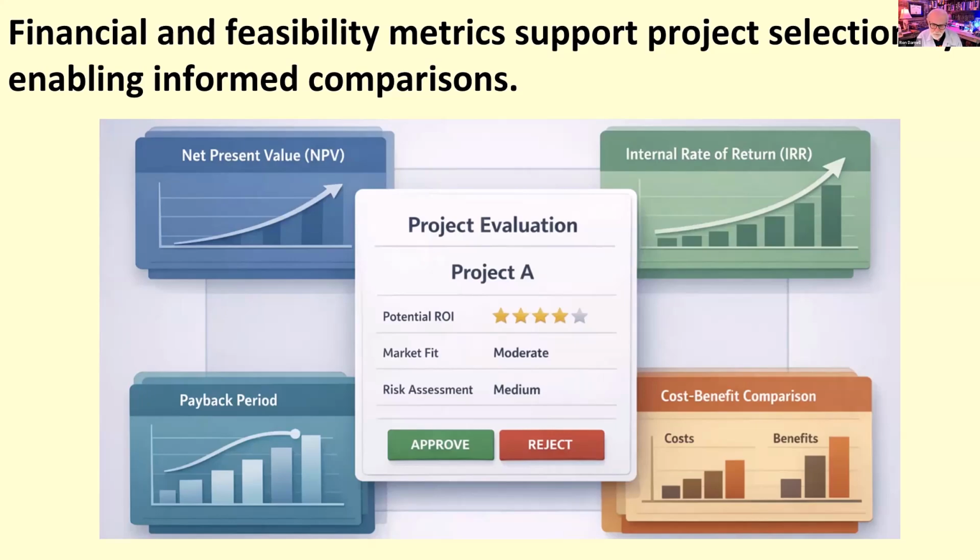Organizations tend to use this as a proxy for risk. The shorter payback period can feel safer. In other words, we're going to get our money back quicker, but it may ignore long-term benefits beyond the break-even point. So we have to use all three of these together to come up with a good picture of how the economics of the projects are going to work, especially the future economics.